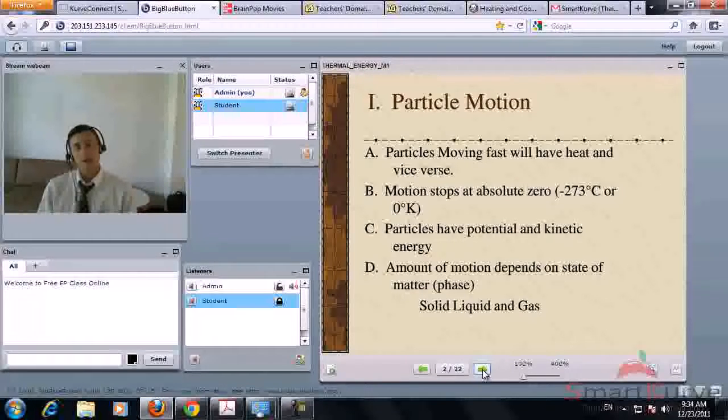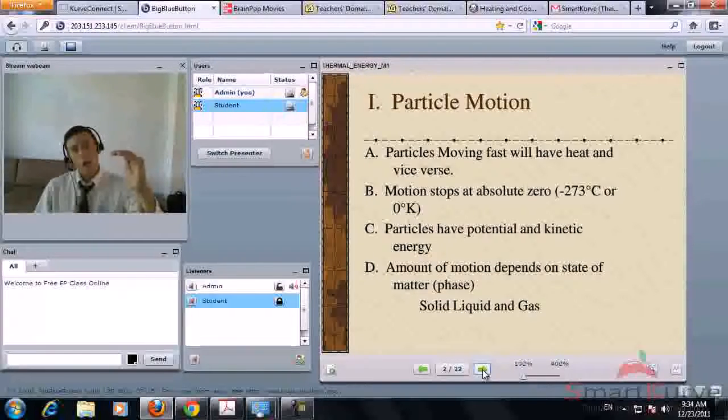What this means is that if I take that glass of water and I put it on the oven or I put it in the microwave so that the water becomes hot, the water molecules will be moving very quickly.